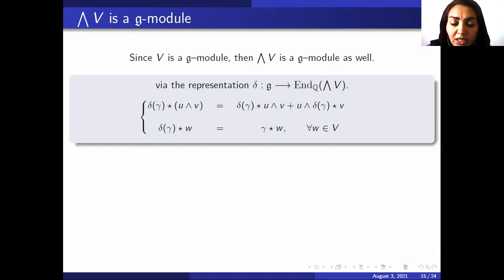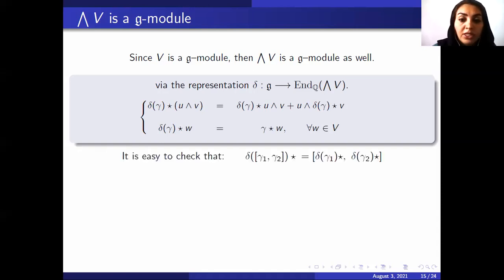By this delta, we see that the exterior algebra is a G module as well, and this delta has further properties: it is an algebra homomorphism as well. You can easily check that delta of the commutator of gamma 1, gamma 2 star is the commutator of delta gamma 1 star and delta gamma 2 star.